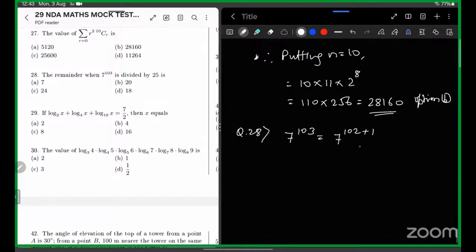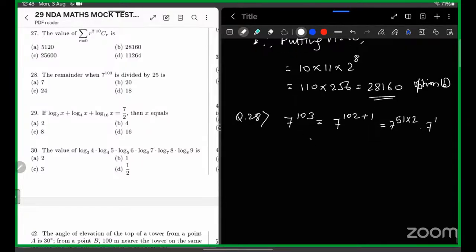Then I can write it as 7 raised to power.